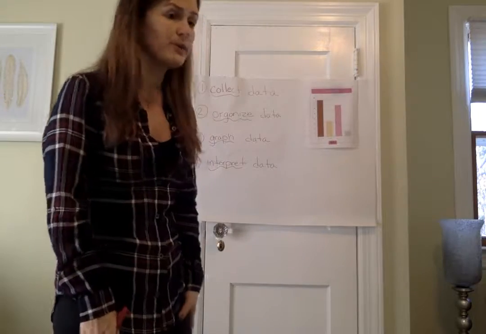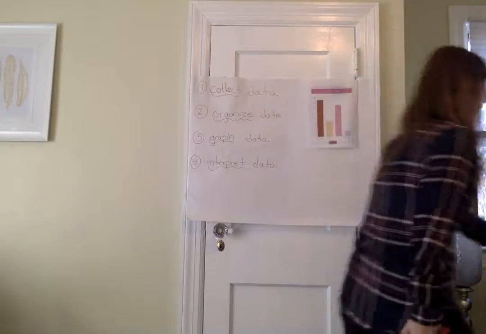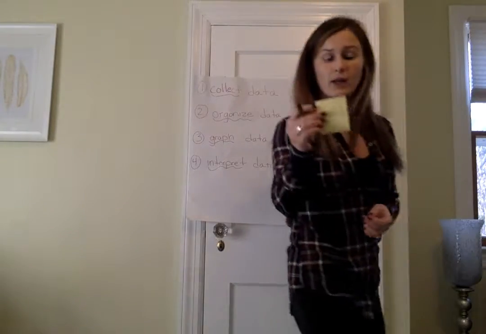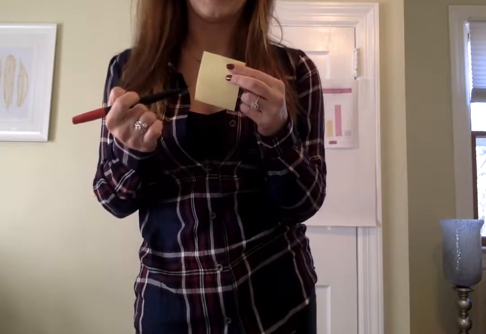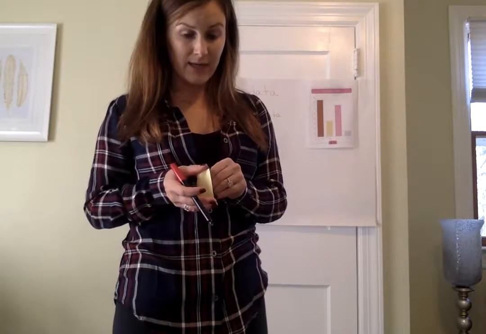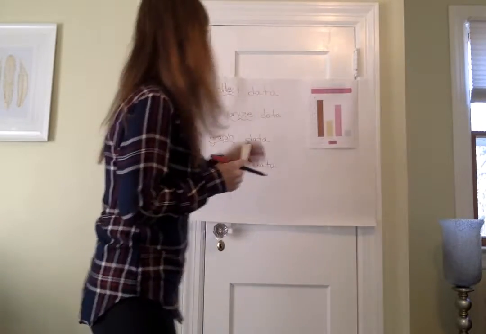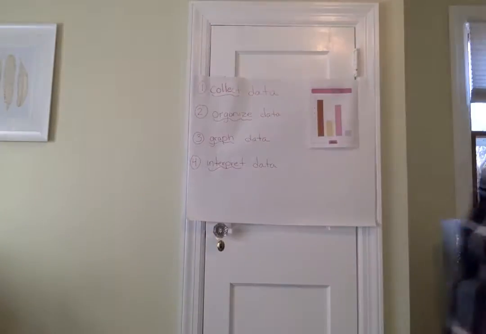So, what I'm going to do is I'm going to give everyone a sticky note, and you're going to write your favorite color on your sticky note, okay? And I want you to then, when you're done, look up at me, and we're going to graph them on our bar graph. And we're going to ask ourselves how we did these, through these 4 steps. Ready? Go ahead.